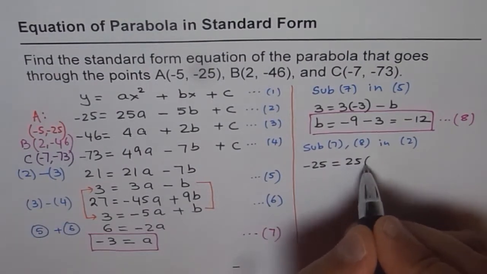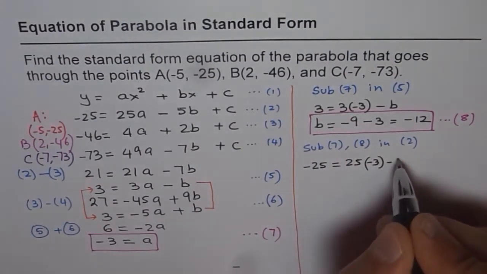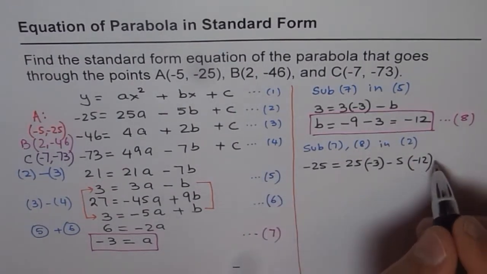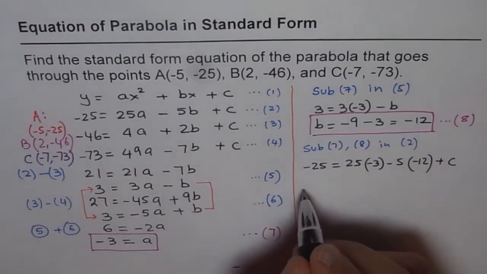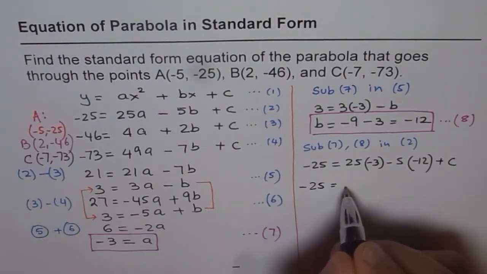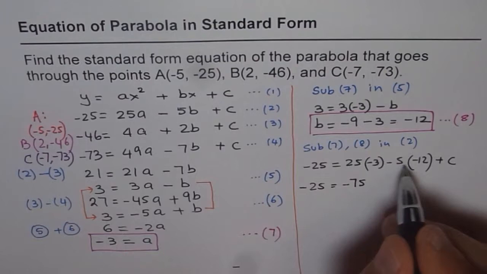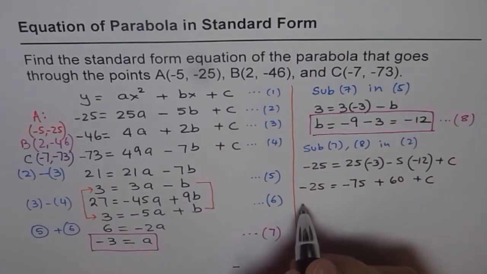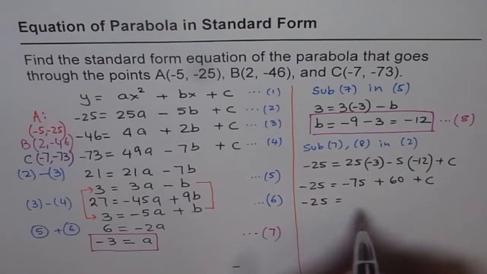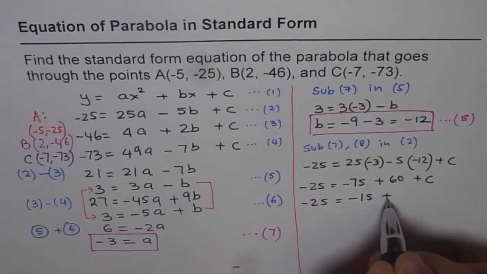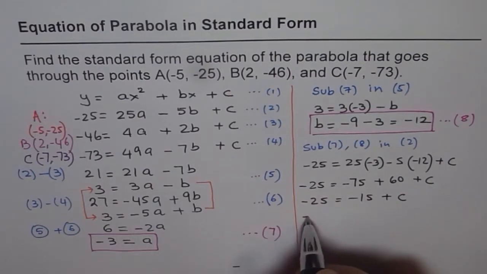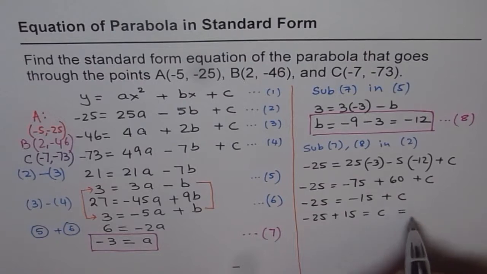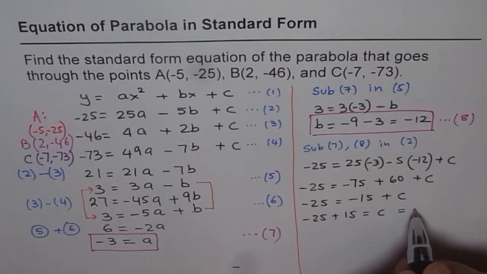So 25 times minus 3, minus 5 times minus 12, plus c. So it is minus 25 equals minus 75, minus minus becomes plus 60, plus c. So minus 25 equals minus 15 plus c, and we can write minus 25 plus 15 equals c, and that gives us the value as minus 10.